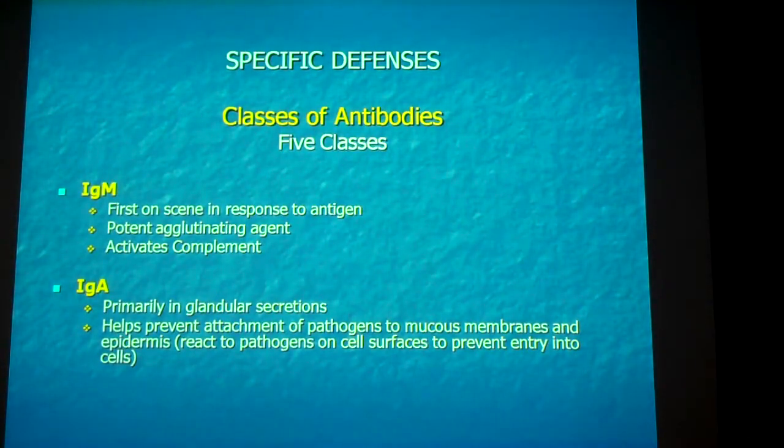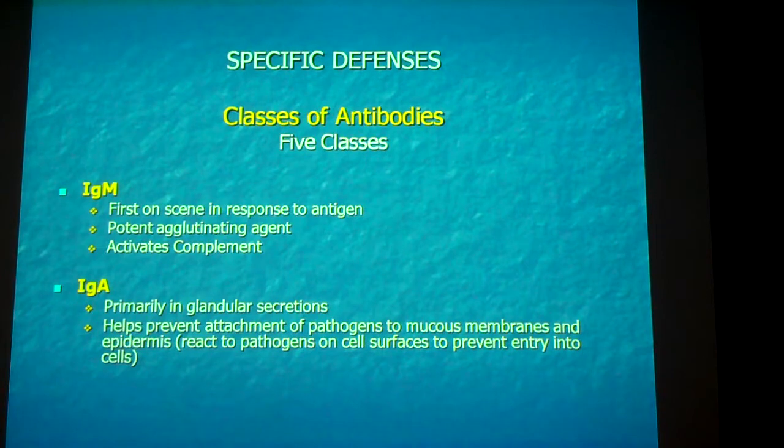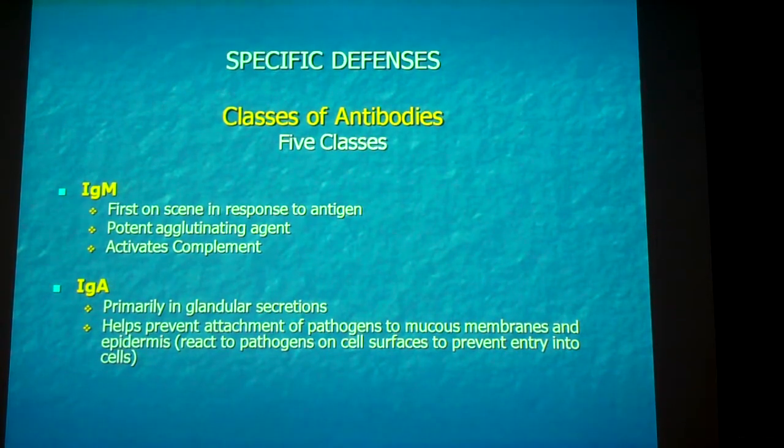Antibodies are in classes. There are 5 different classes. IgM is the type that's first on the scene in response to any antigen, but it's not the most prevalent one. IgA is primarily in glandular secretions. These are antibodies like on mucous membranes that recognize antigens that come in the air or that we ingest.